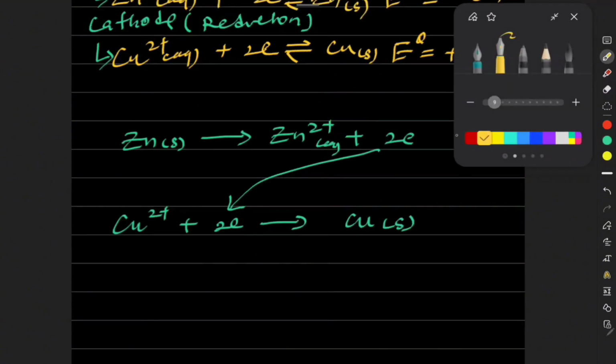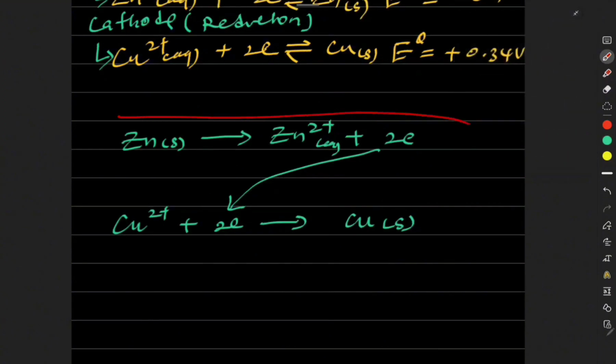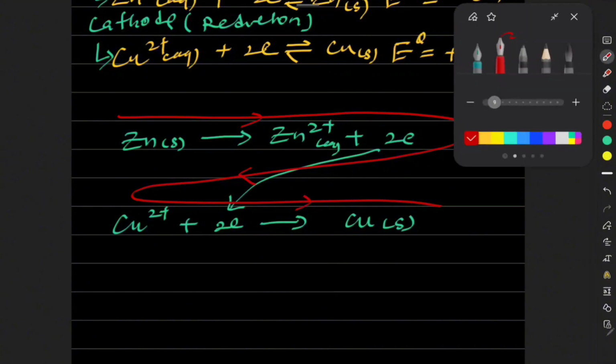To write the cell notation, we should go like this. Here first there is zinc. Zinc means anode.